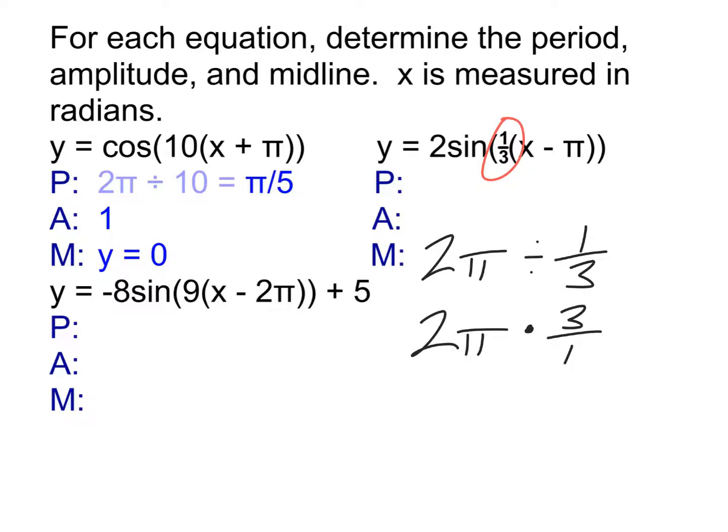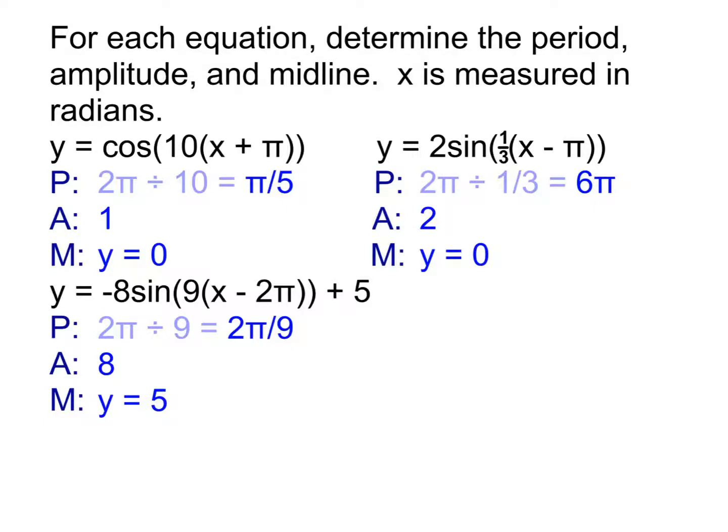In other words, flip the second fraction and change the division and multiplication. And so in order to do 2 pi divided by 1/3, really then I'm doing 2 pi times 3. And so that's why our period here ends up being 6 pi. And then you can check each of the rest of the answers, make sure they're looking pretty good.